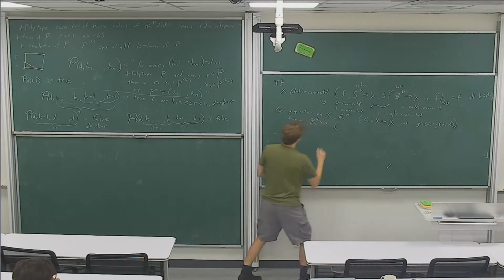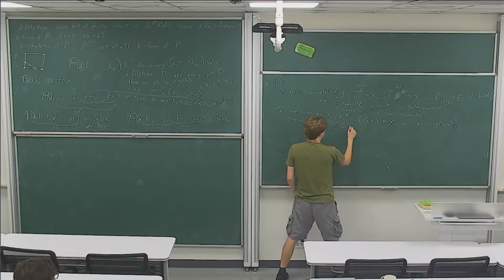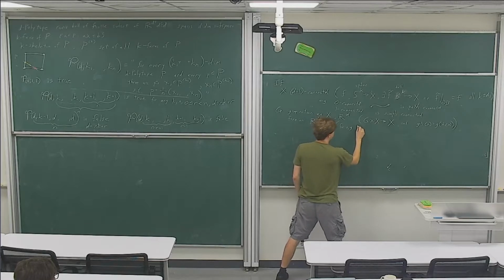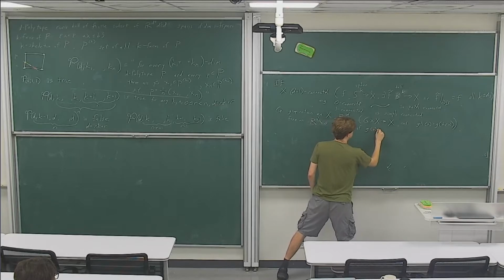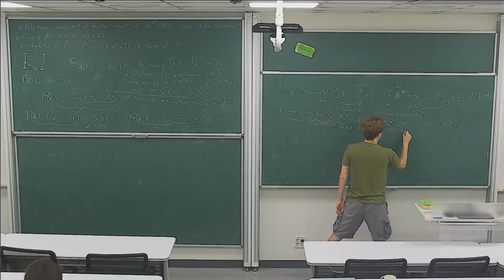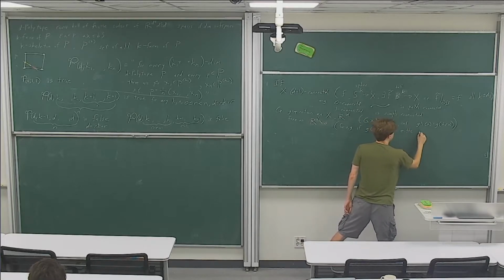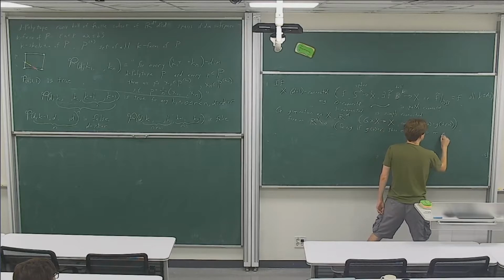And what this means is that if I have some V and G, then if G of V is equal to V, then either V is 0 or G is the identity.